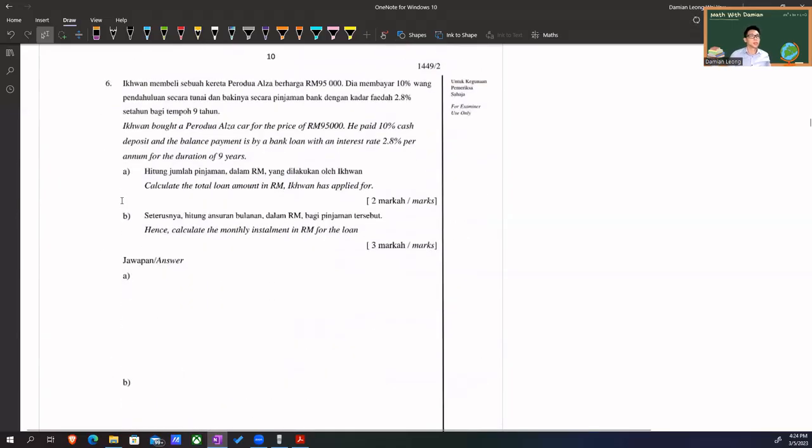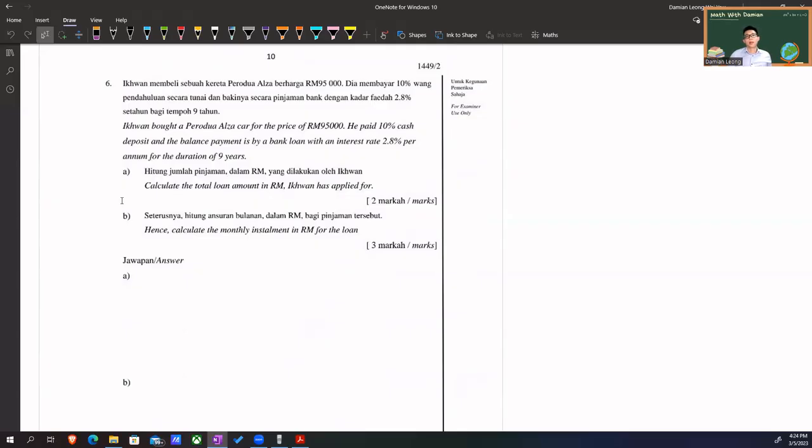Question 6. Ikuan bought a Perodua Alza for 95,000 ringgit. He paid 10% cash deposit and the balance by bank loan with interest rate 2.8% per annum for a duration of 9 years. So calculate the total loan in ringgit Ikuan has applied for.